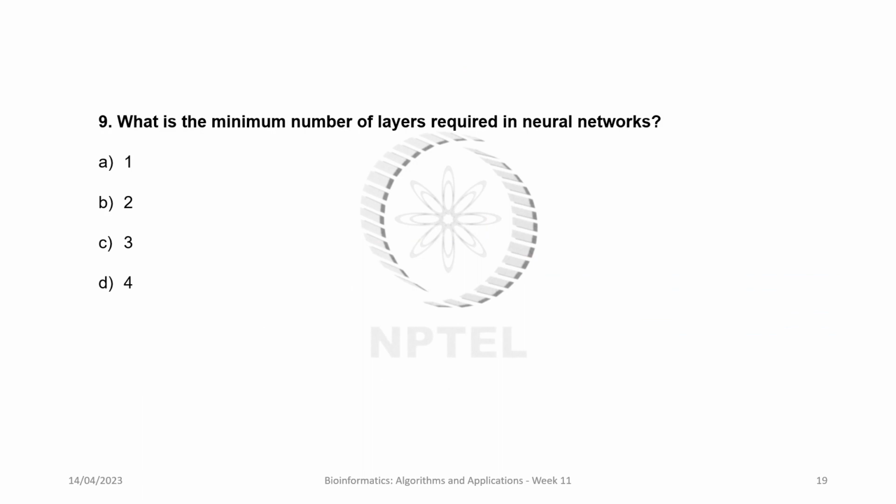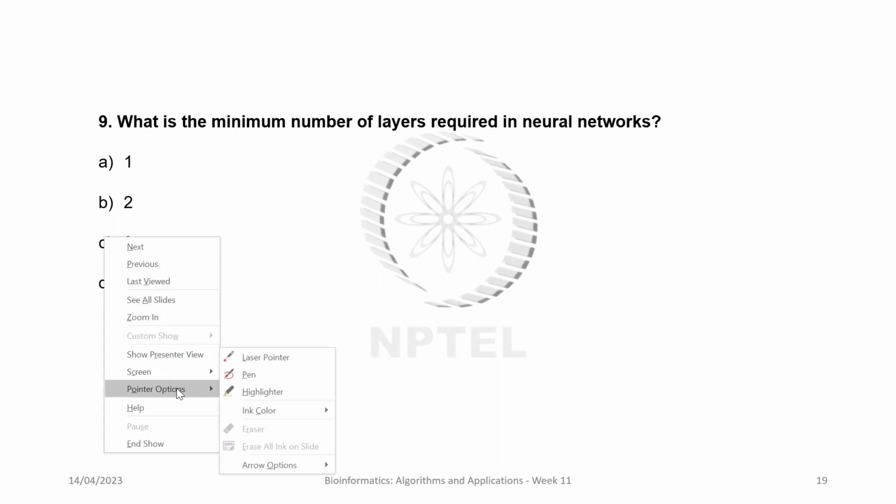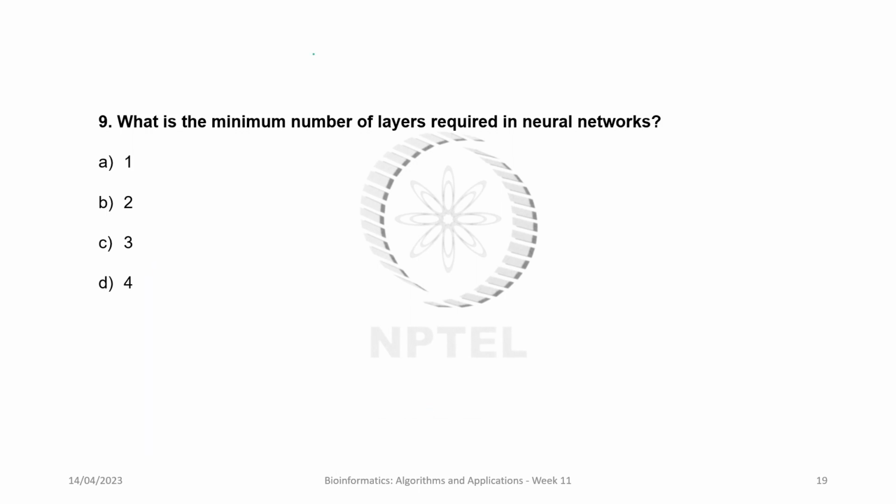Question 9. What is the minimum number of layers required in a neural network? Option A 1, B 2, C 3, and D 4. Thank you, Nagamani. That's one vote for C. Thank you, Kritika.